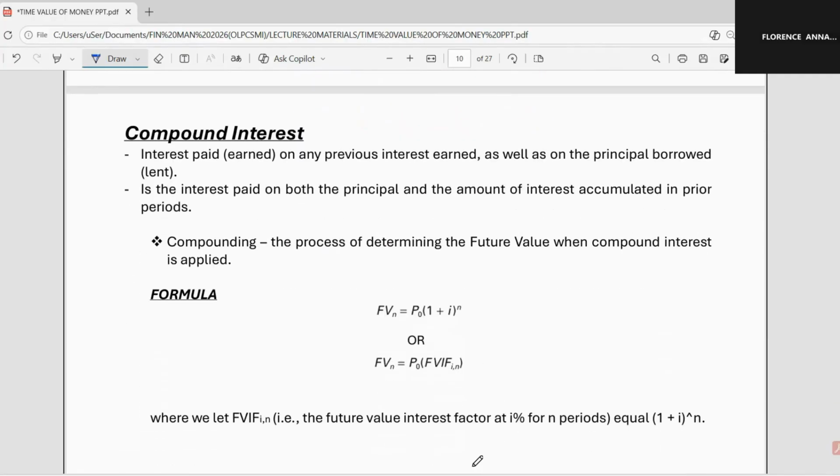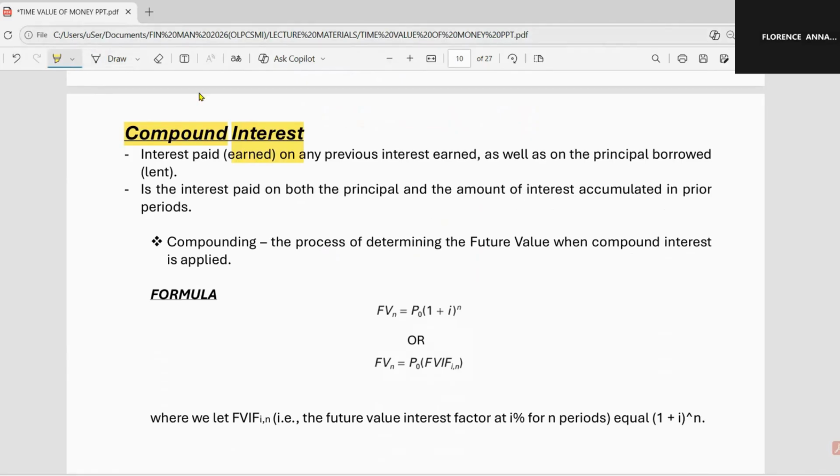Now we move to the second type of interest, yung ating compound interest. When we say compound interest, it is the interest paid or earned on any previous interest earned as well as on the principal borrowed or lent. So, hindi lang principal yung mag-earn ng interest.